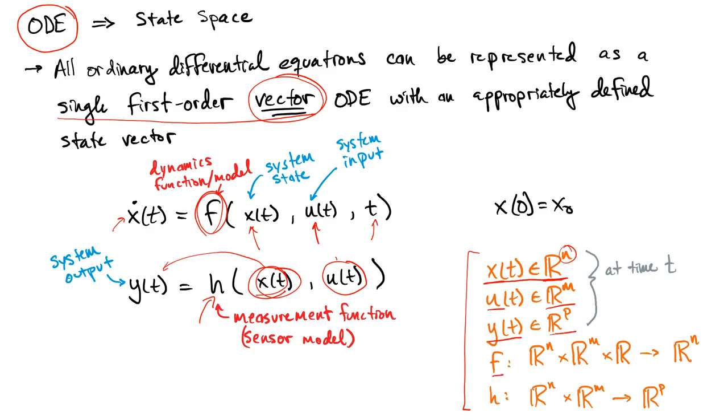And then this is saying this function takes in a vector of n elements, a vector of m, a real number, and produces a vector of n elements. So it's just a way of being precise. Again, we'll be focusing on a much more specific case in this class, and that's what the next slide's about.